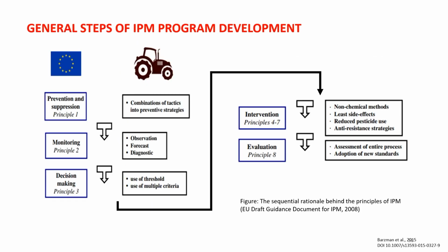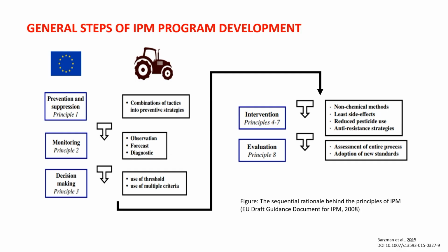So, principle 1 involves the combination of tactics into preventable strategies. Principle 2, monitoring, involves observation, forecast and diagnostics, and principle 3 involves use of thresholds, use of multiple criteria.